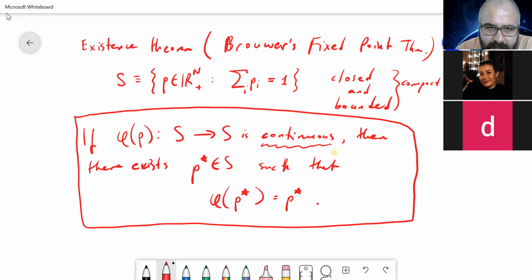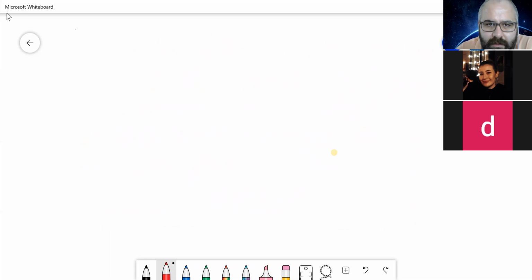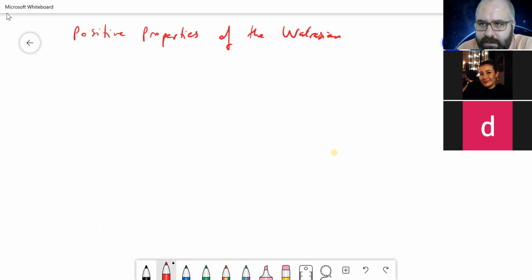And that completes my discussion of, again, remember that we have positive properties of the Walrasian equilibrium. One is existence.